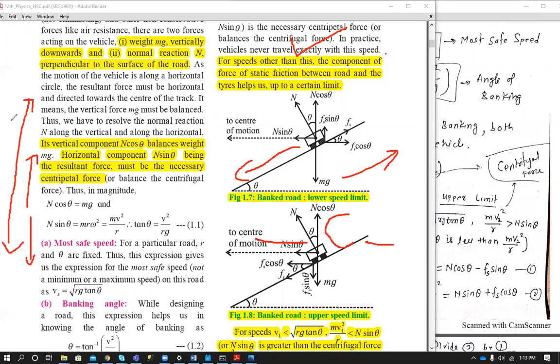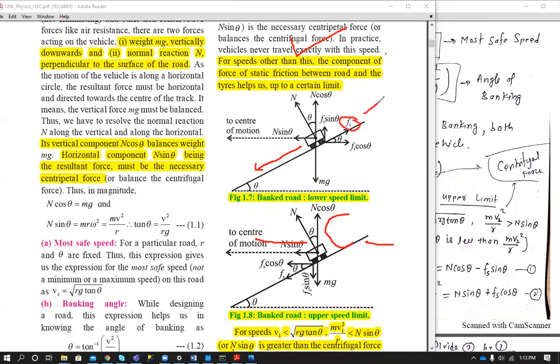It is a self-adjusting force. So in this lower limit case, as the speed of the vehicle is less than the maximum safety speed, the vehicle will travel along the road towards the inner side, so its tires will go towards the inner side. It will feel frictional force in the upward direction, so that's why the frictional force is directed upward.